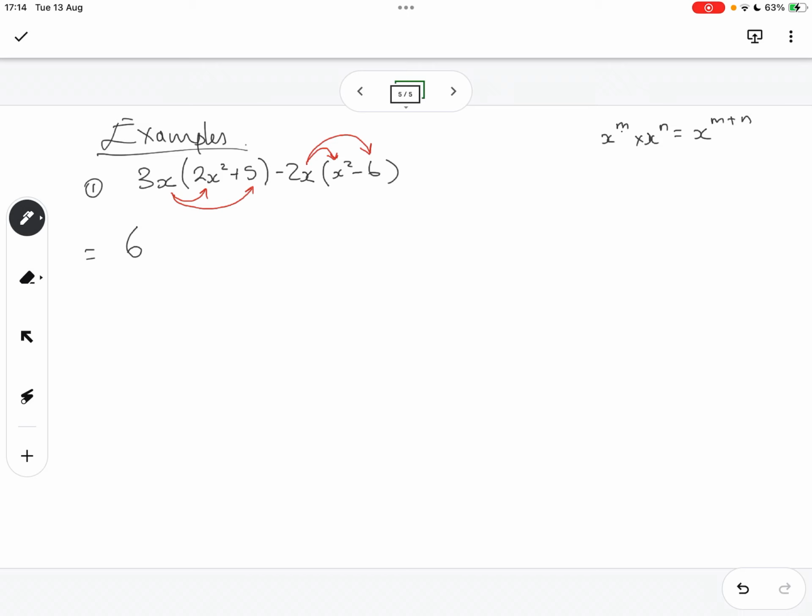So we've got x to the power m times x to the power n equals x to the power m plus n. Remember this rule from exponents. Now what happens if we have x squared times x to the power 1?